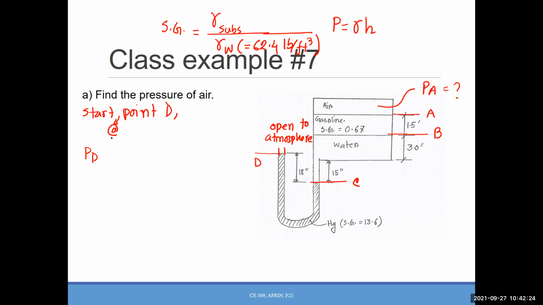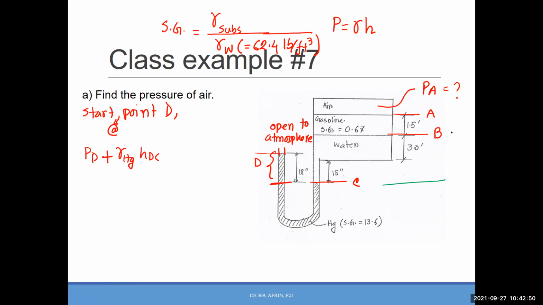Okay, now help me to write down the expression. From PD, where is the next interface? C, at this point, right? So I will add the pressure, gamma HG HGC, right? Now from C, the next interface is where?